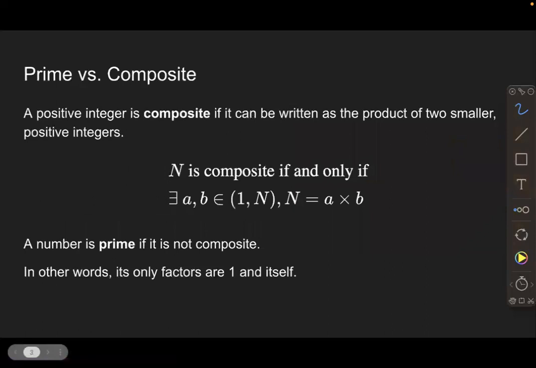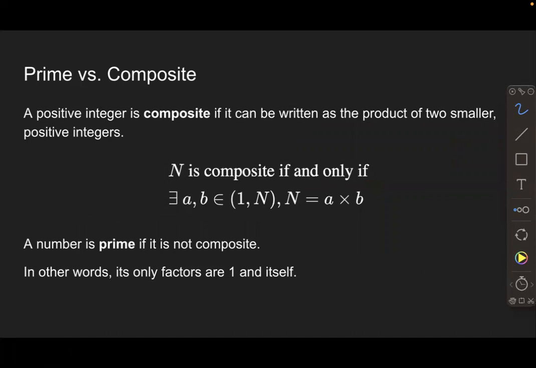Before we get to that, I want to do some definitions and then some more discussion about primes. So first, let's go over the definition of prime versus composite. A positive integer is composite if it can be written as the product of two smaller positive integers.